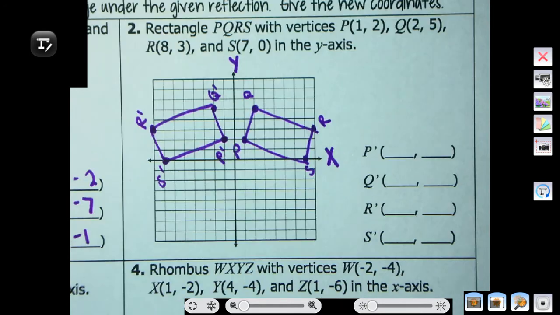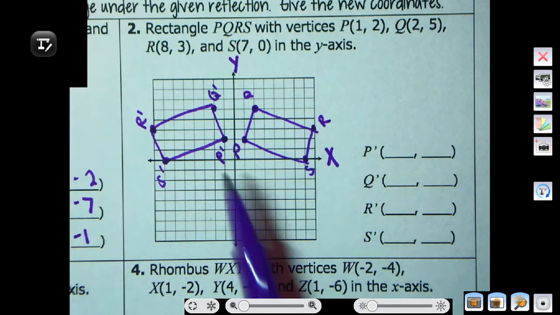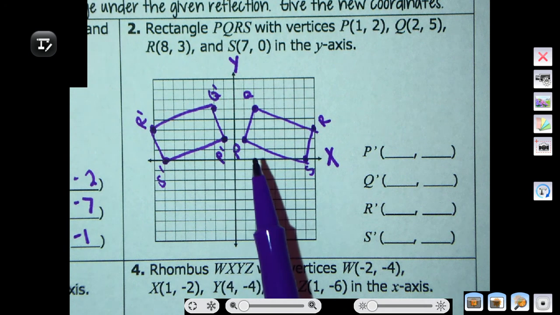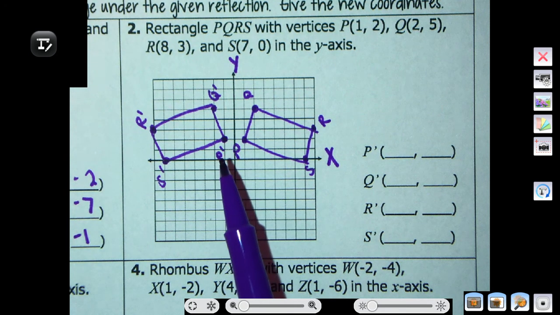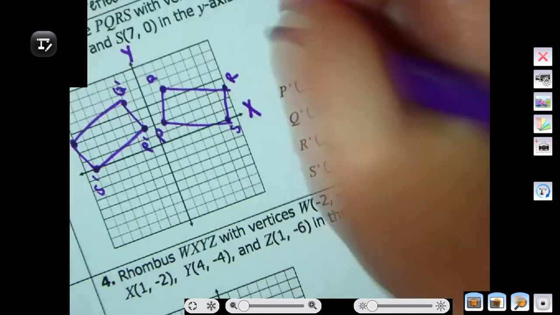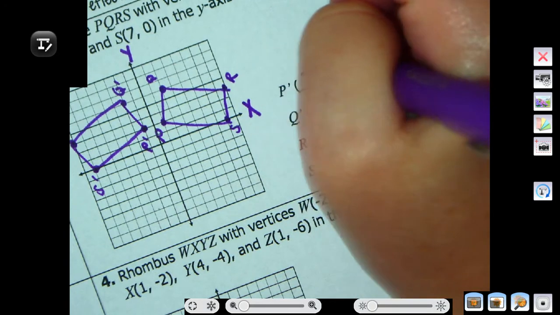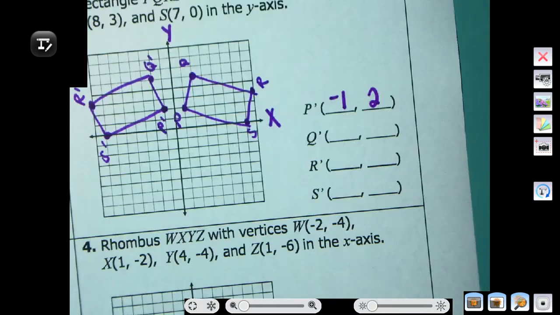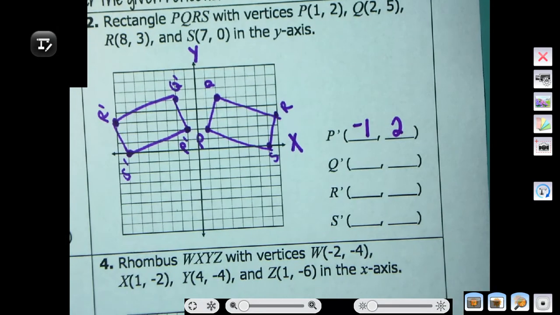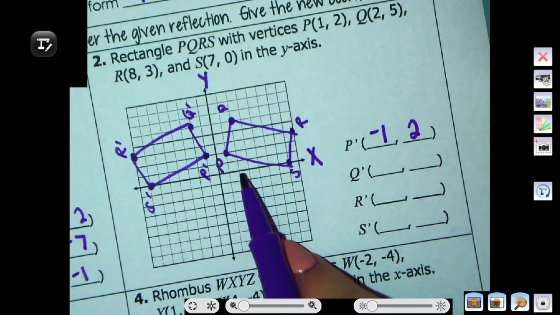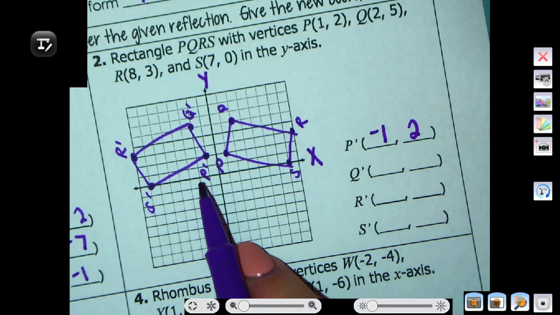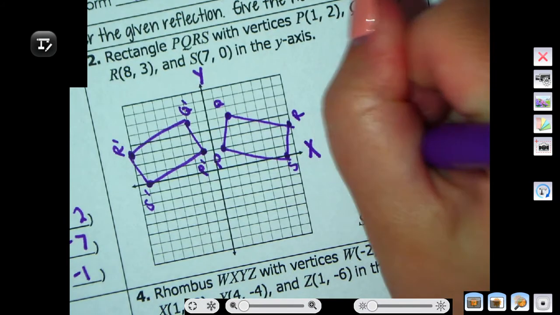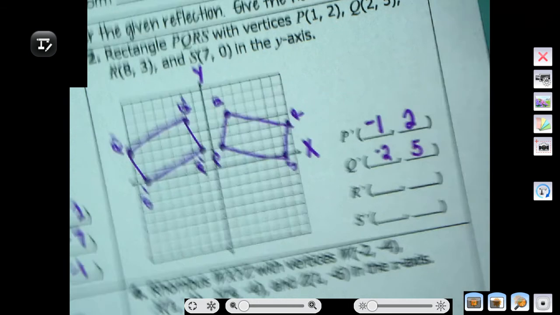So now we'll look at the values. P prime, it was at 1, 2. Now it's at negative 1, positive 2. So my x value turned negative. Same with Q. It went from 2, 5 to negative 2, 5.